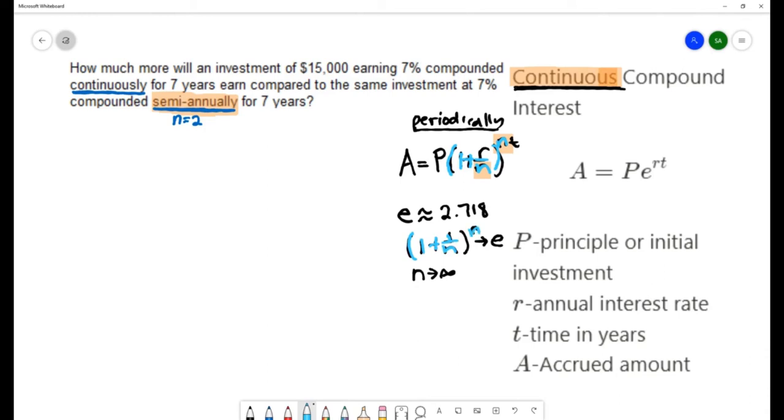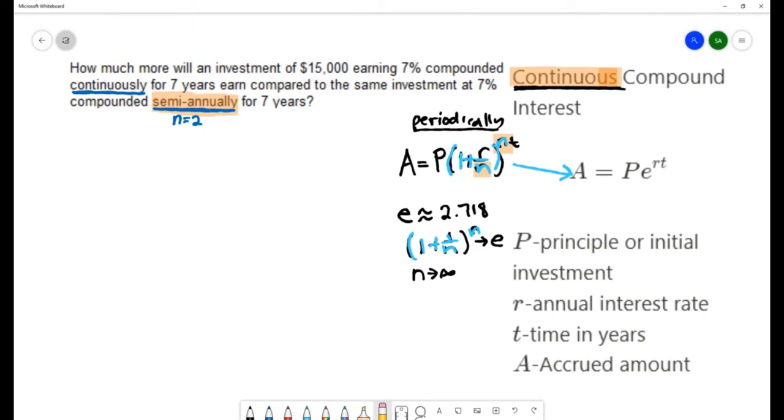And so what happens is, as we allow the number of compoundings to increase, our formula changes to this one over here. So this formula is A equals P e to the rt. The A, the P, the r, and the t are all the same variables that we used in the previous formula. So P is the principal, the initial investment, r is the annual interest rate, t is the time, and A is the accrued amount.